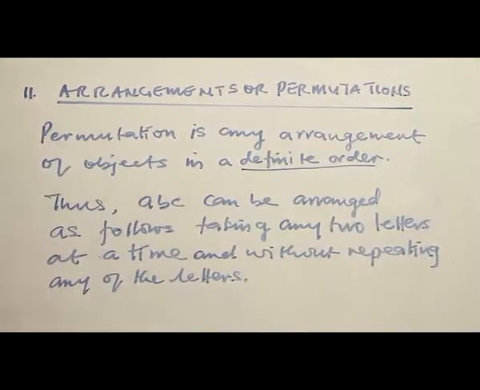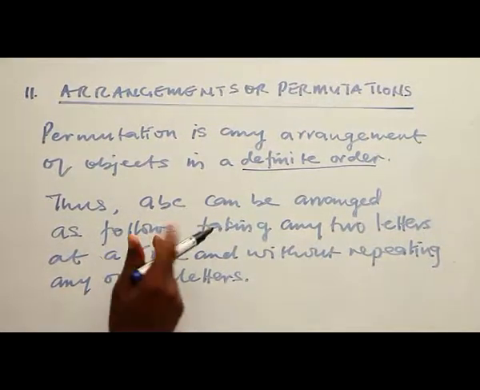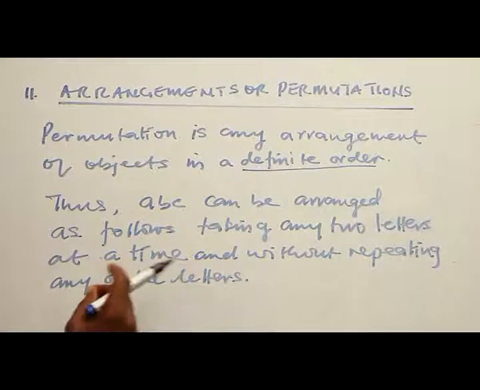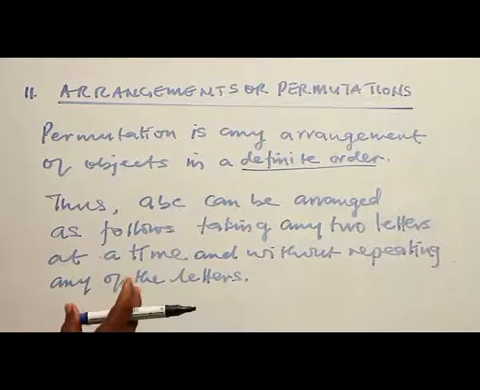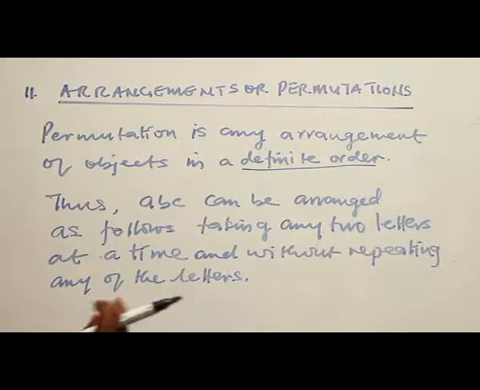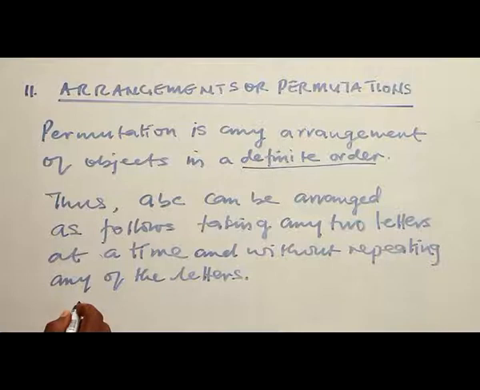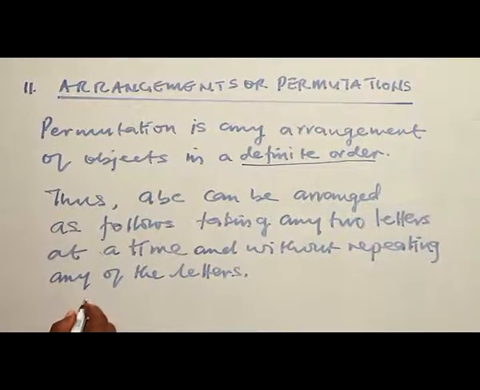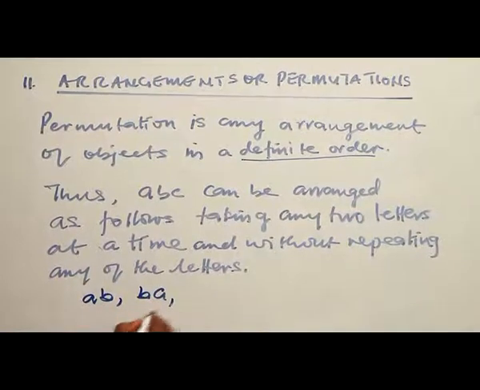Let's take, for example, A, B, C. These 3 letters can be arranged as follows, taking any 2 letters at a time and without repeating any of the letters. So we can arrange our ABC taking any 2 letters as AB. We can also have it as BA.